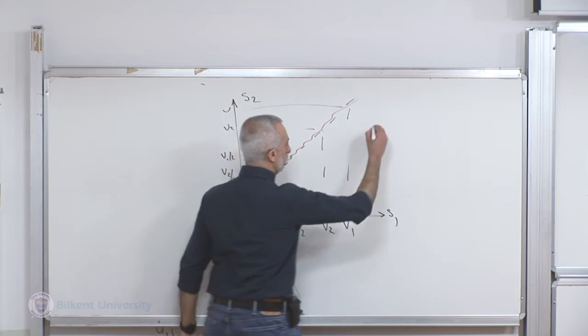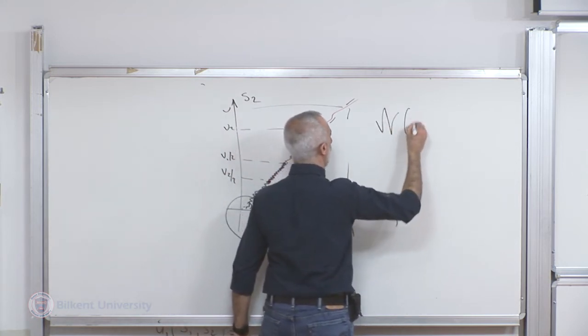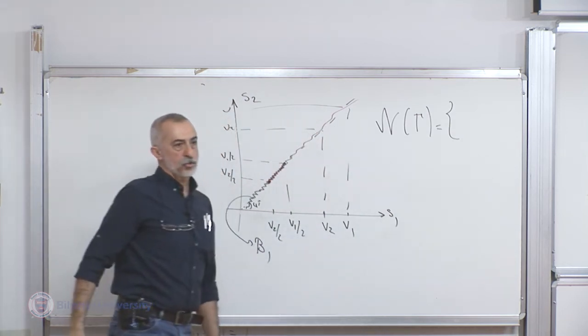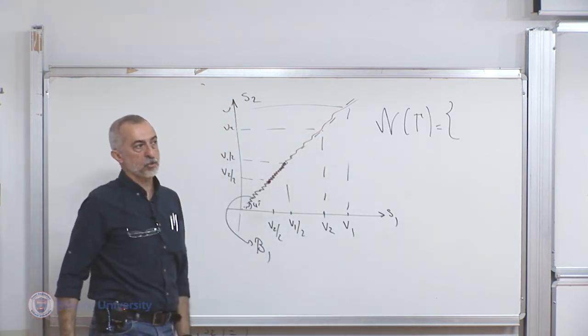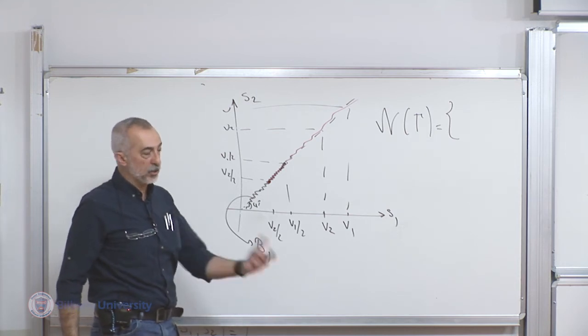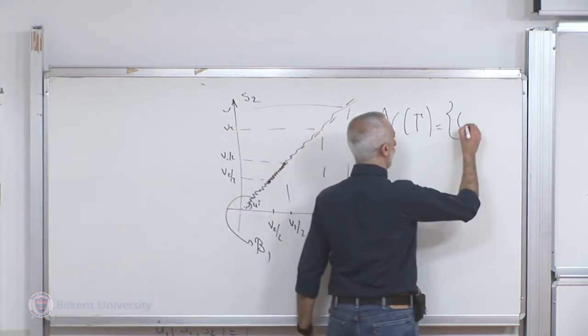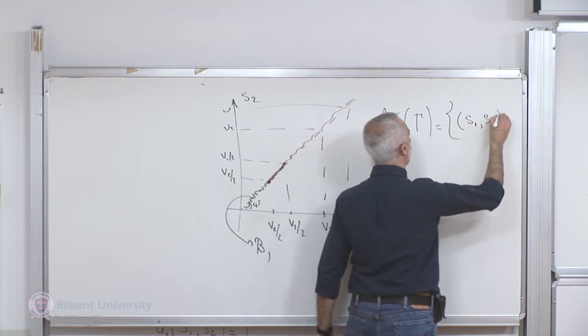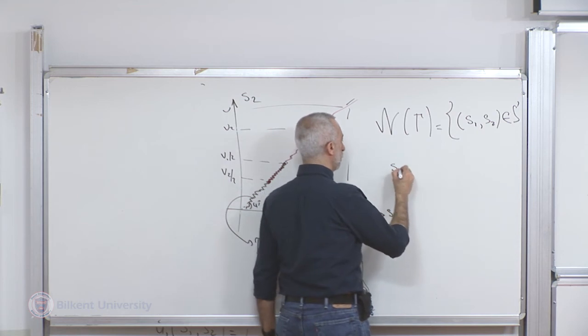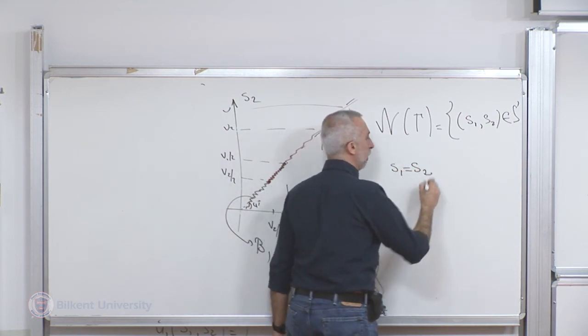So the set of Nash equilibria of this game, always write them properly. Nash solutions, Nash equilibria, again, whenever we talk about a solution, we mean a profile. So it's a profile of strategies, S1, S2, in capital S, such that the first property is S1 is equal to S2.